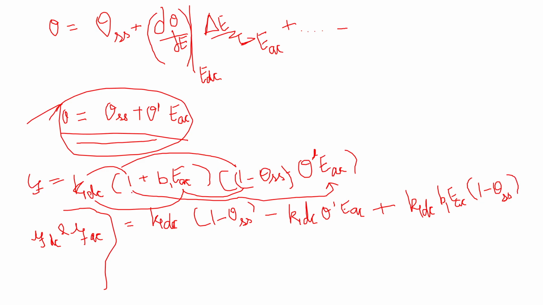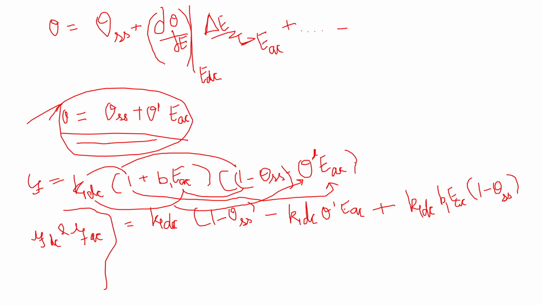Right? Now what is the next term? K1 DC into B1 EAC, after which I'll multiply with the next term, which is theta dash EAC. So K1 DC, B1 EAC into theta dash EAC, you see EAC square will come. So I told you squaring these values, the value is going to reduce even more.